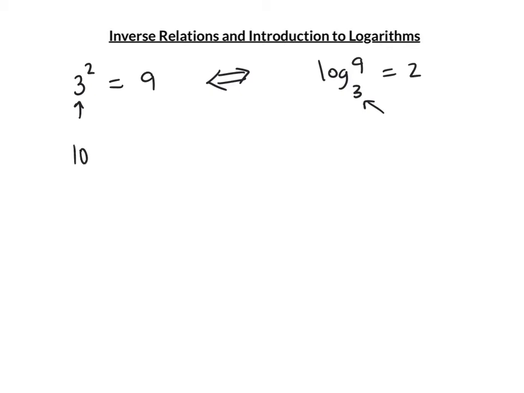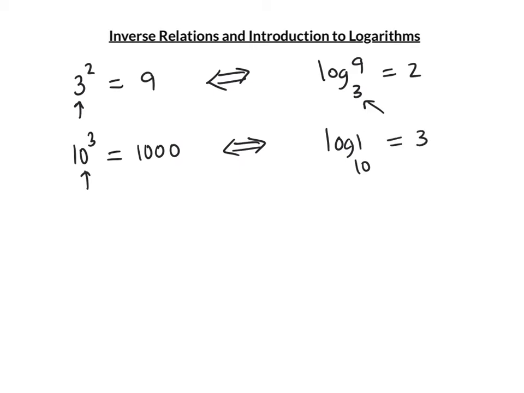If I had an expression like 10 cubed equals 1,000, I can write that as a logarithmic expression. It would be the log base 10, the base is the bottom part of the exponential expression. It's equal to an exponent, which is 3.